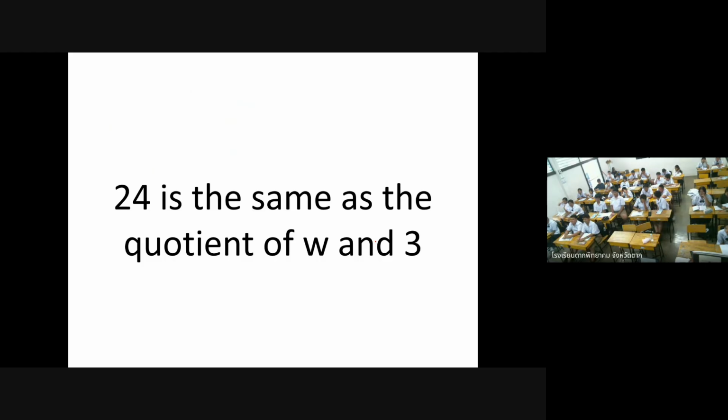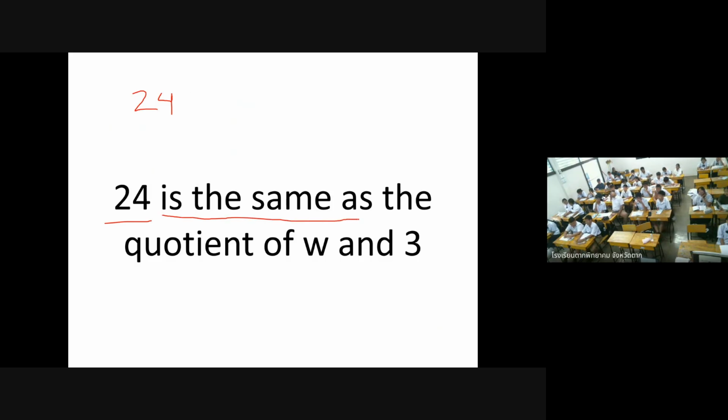How about this one? 24 is the same as the quotient of W and 3. You're going to write 24. Who has an answer? Who can give me an answer? Very good.